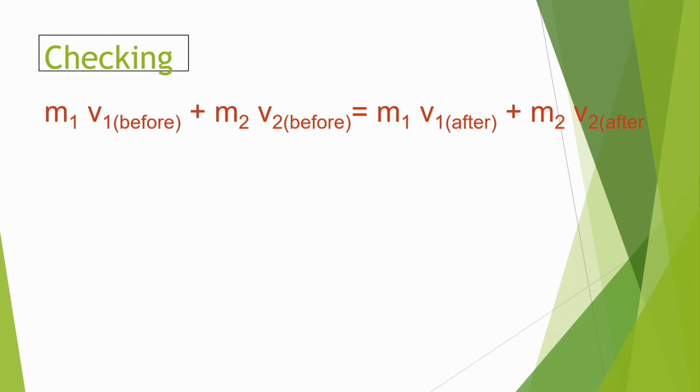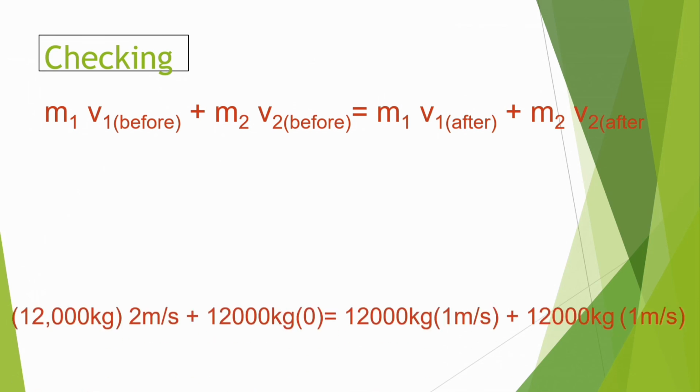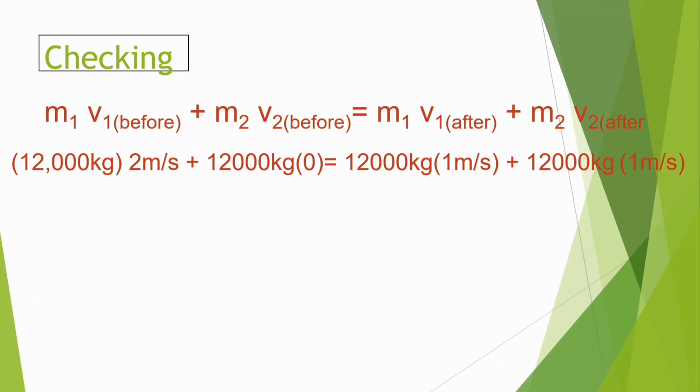This is our equation: m1v1 before collision of the first railroad car plus m2v2 before collision of railroad car B is equal to m1v1 after collision of railroad car A plus m2v2 after collision of railroad car B. Substituting, we have 12,000 kilograms multiplied by 2 meters per second plus 12,000 kilograms multiplied by 0, because railroad car B is at rest before collision, equals 12,000 kilograms multiplied by 1 meter per second, the velocity of the two cars that we computed a while ago after collision, plus 12,000 kilograms multiplied by 1 meter per second.